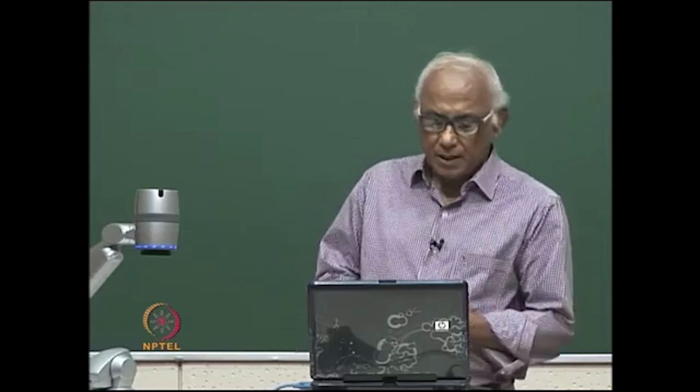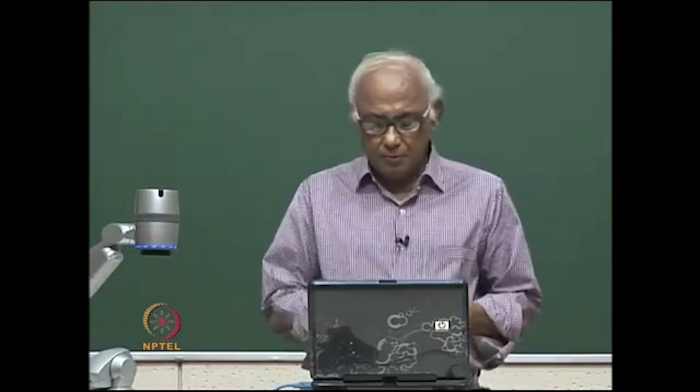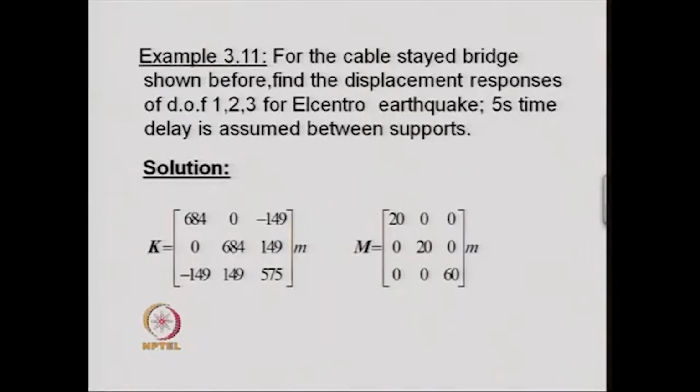In the previous class, we were discussing an example problem in which we want to find the displacement response of the structure using the modal analysis technique. The problem was that of a cable stayed bridge, which we had solved before for finding the R matrix.